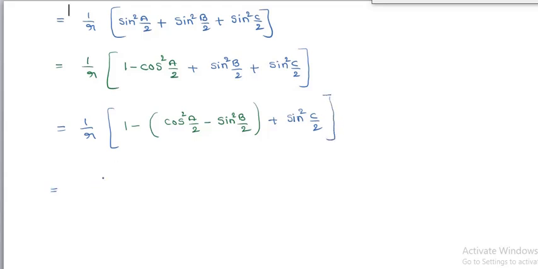1 by r, 1 minus cos square A minus sin square B, what is the formula now?